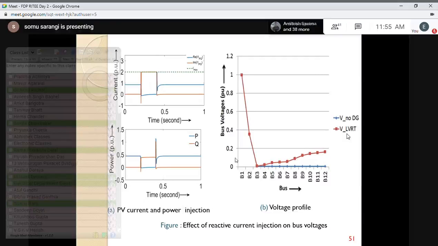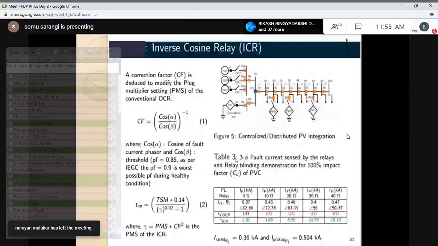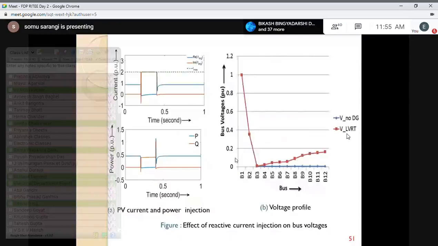If you observe the voltage, without DG the voltage was 0. However, the voltage profile for the different buses is increasing. At bus 3 the voltage is 0, and up to bus 12 the voltage is continuously increasing, but it is less than 0.2. So with this, we can say that if you use voltage along with current, then we can have a better protection technique applicable for our system.